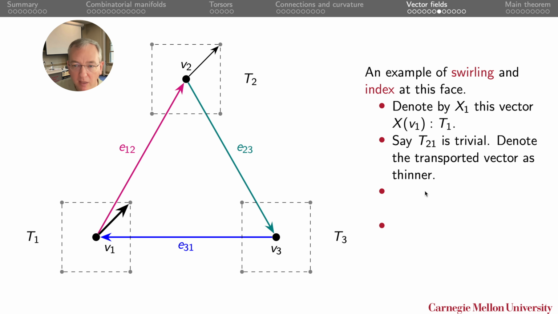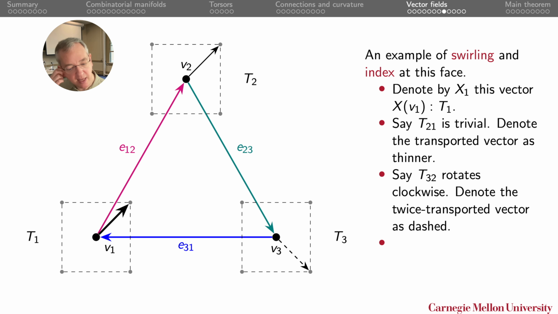Anyway, let's say that T21 from this corner of the triangle to the top is trivial on our screen here, so that it's just a rigid rotation. And then we will draw the transported vector as a little bit thinner so that we see that this isn't the value of X here. This is the transport of X from somewhere else.